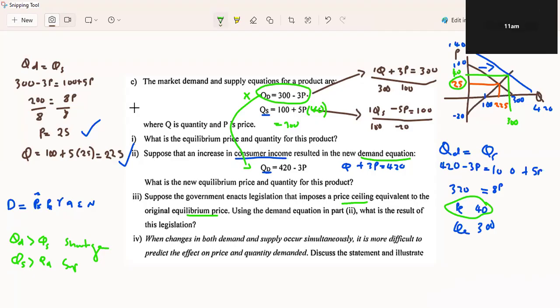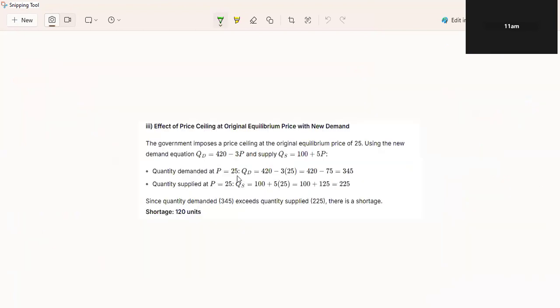Yes, we have 345. So when we put it in our quantity demanded, price is 25. Here we're going to put 345. When you put it on the supply, there is supply here, 25, we're going to get what? 225. So since quantity demanded is exceeding supply, there will be a shortage of what? 120 units.